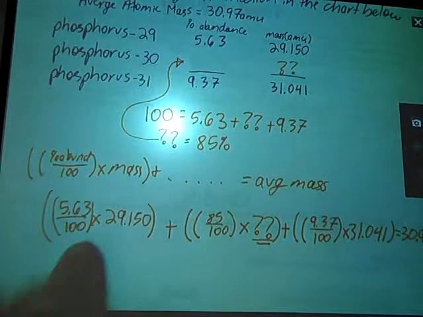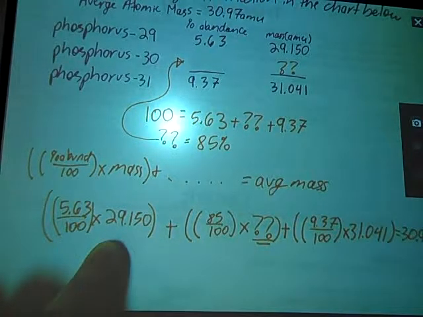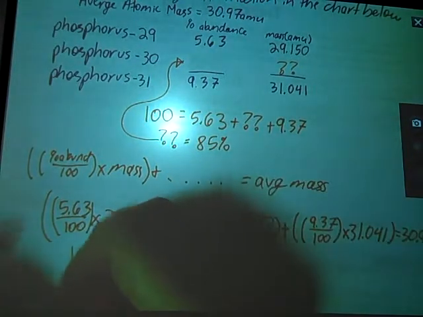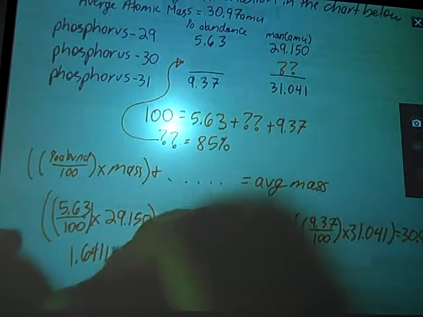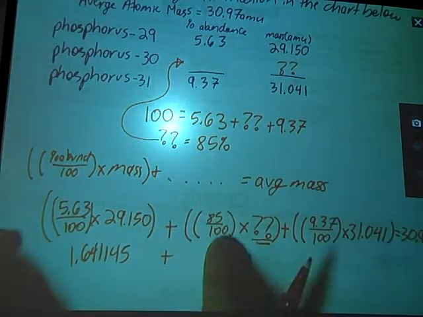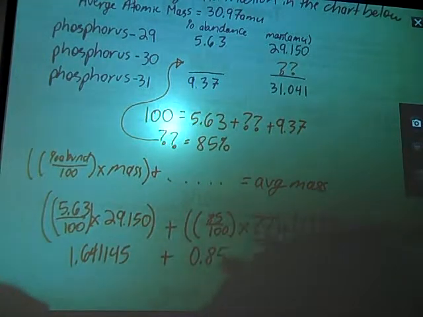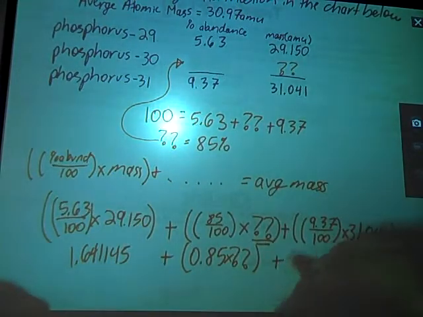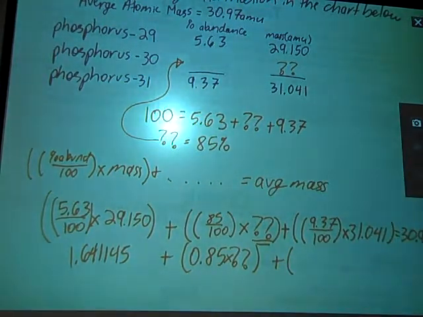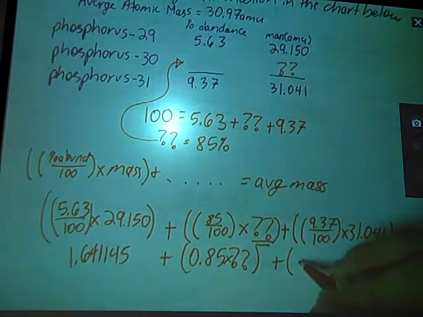First one here, times 29.150, 1.641145, plus, let's go ahead and simplify that down. Plus 9.37 out of percent times 31.041 is 2.